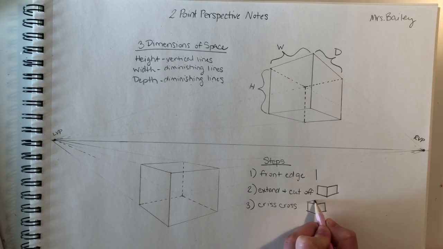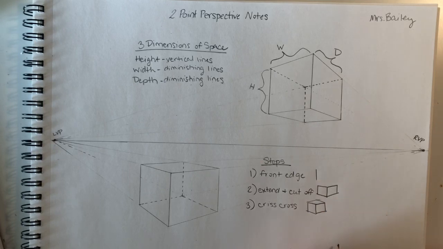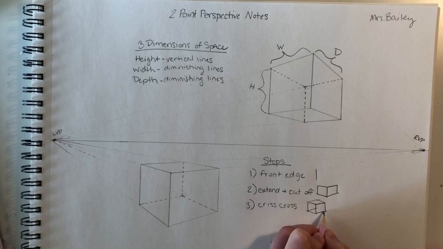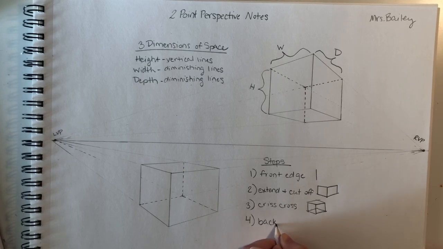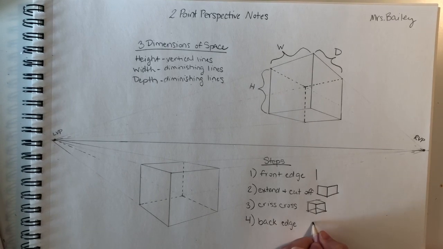The top set of corners will crisscross to the opposite vanishing point, and the bottom set of corners will crisscross to the opposite vanishing point. And step 4 is going to be to add the back edge. And that will just be to drop in that back vertical.